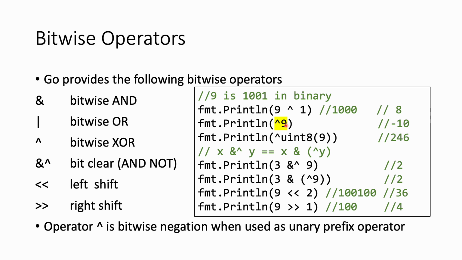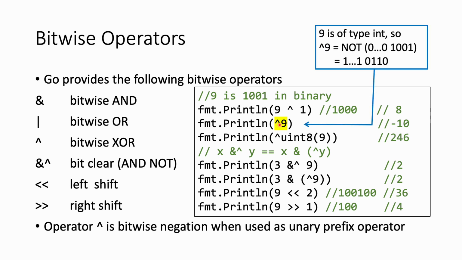When writing caret 9 alone, it means applying the bitwise negation to number 9. And here the value 9 is of type int, so its binary representation as type int actually contains a number of zero bits preceding the 1001, so that the total number of bits is either 32 or 64 depending on the system.